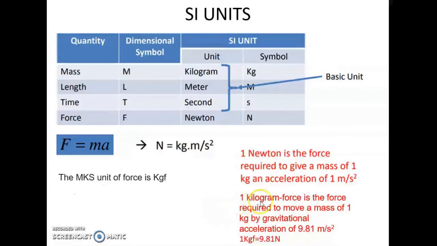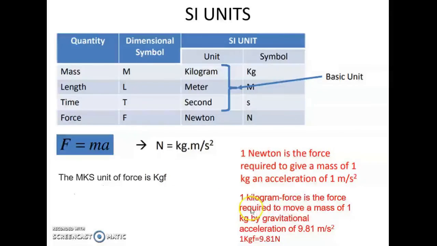Now what do you mean by 1 kg force, which is the unit of force in MKS system? 1 kg force is the force required to move a mass of 1 kg by gravitational acceleration of 9.81 meter per second square. So in case of MKS system, the unit of force is kg force.